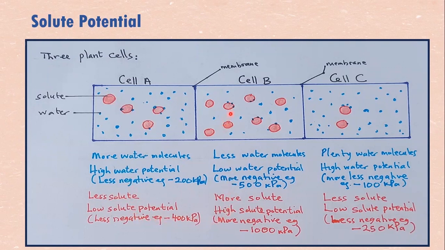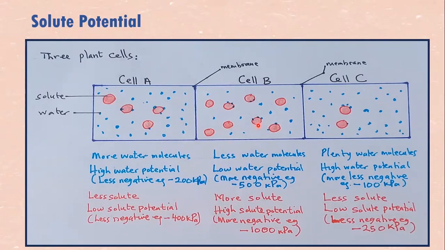Here has more solute, so it has more negative than here. And here has less solute, so it has low solute potential. And you see that the solute potential here is lower than here, and so it has less negative pascals. So that is how to look at solute potential. It's always measured in the negative.